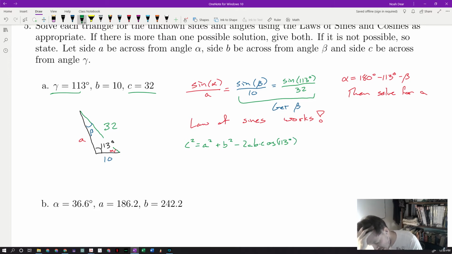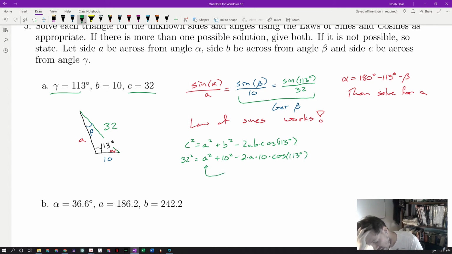And if I plug all the information in, I get 32 squared equals a squared plus 10 squared minus 2 times a times 10 times the cosine of 113 degrees.